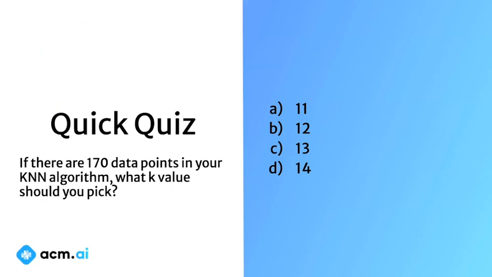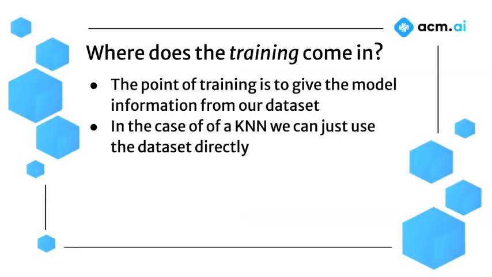So just like he said, if you take the square root of 170, you're going to get 13 point something. So we're going to choose 13 because it's also an odd number, right? So it satisfies both of those conditions we were talking about, taking the square root, and then it's also an odd number.